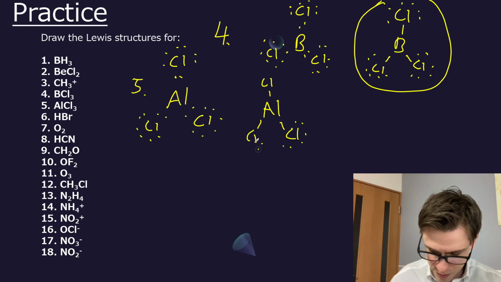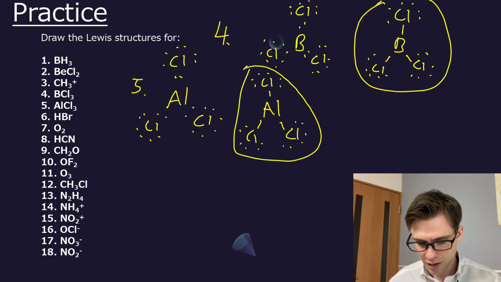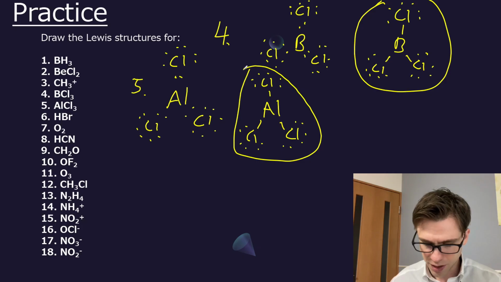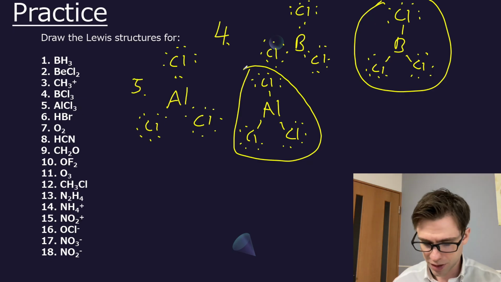Just don't forget any of these lone pairs. So aluminum also will not have a full octet. There's not enough electrons to give all the chlorines and the aluminum the octet. So chlorine, being more electronegative, gets the octets instead.